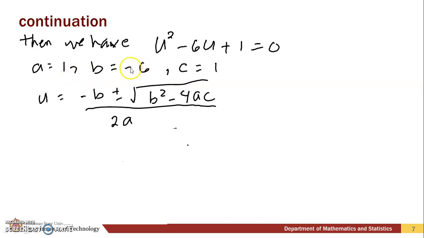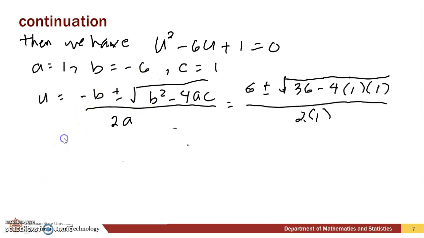This is negative 6, but this is negative b, so that becomes positive 6. So we have positive 6 plus or minus the square root of b squared again. When you square the negative value, it becomes positive 36, minus 4 times 1 times 1, all over 2 times 1.